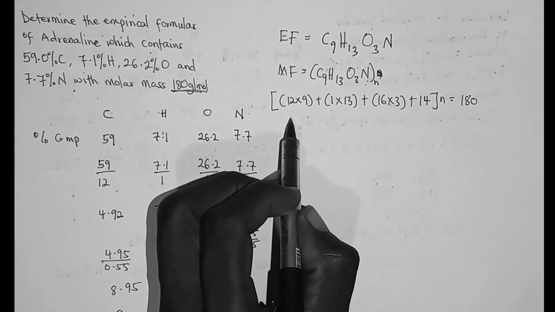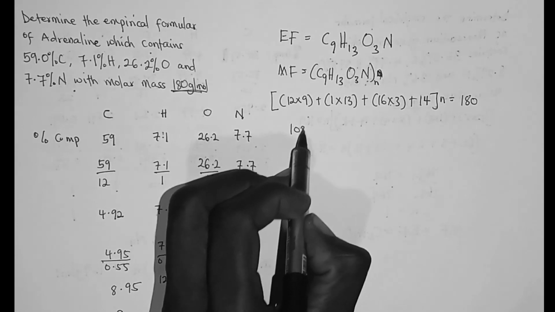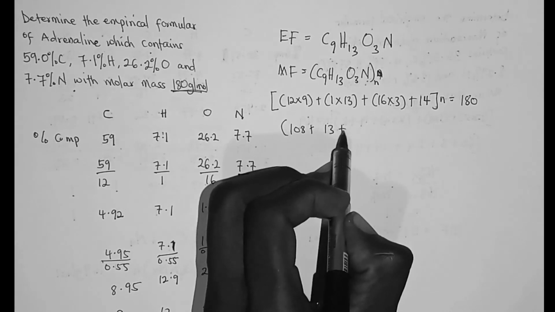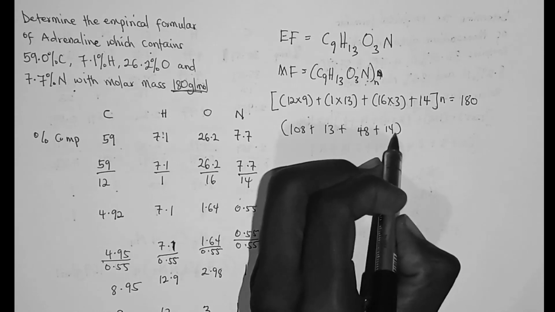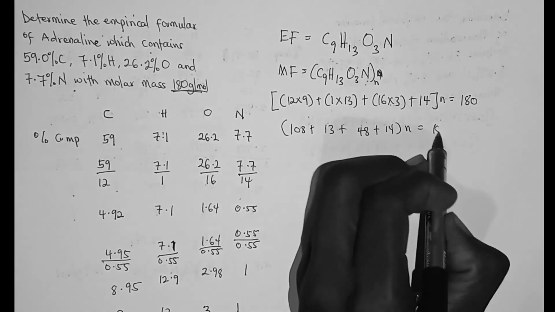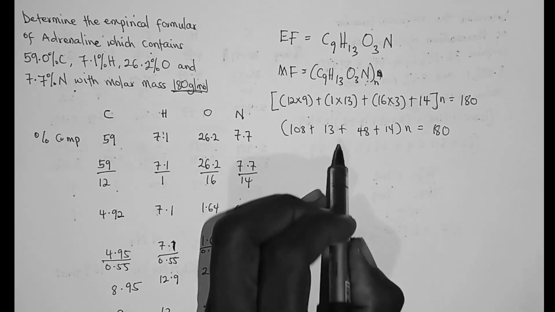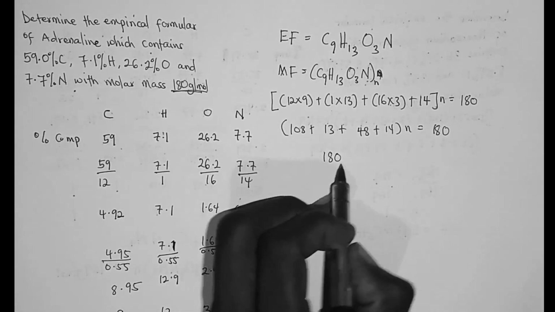So 12 times 9 is 108, and plus 1 times 13 is 13, plus 16 times 3 is 48, and plus 14 n equals 180. So 108 plus 13 plus 48 plus 14 is equal to 180 n.